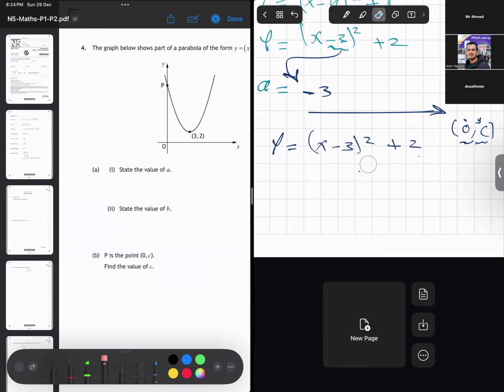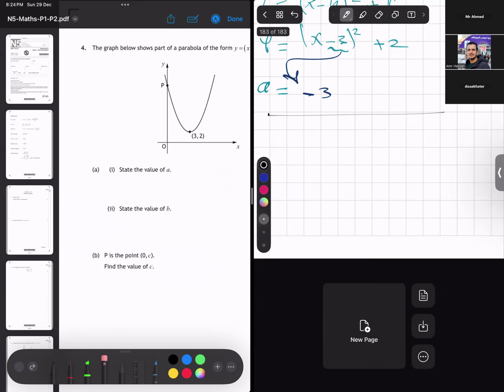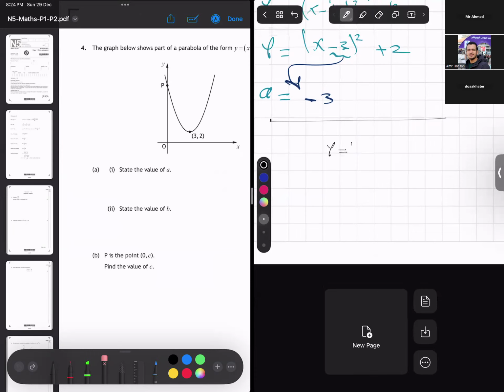Now tell me, how can you do it? Do it again on your own. The formula y equals (x minus 3). No, I need to write down y first. Plus 2. Now y equals (0 minus 3) squared plus 2.